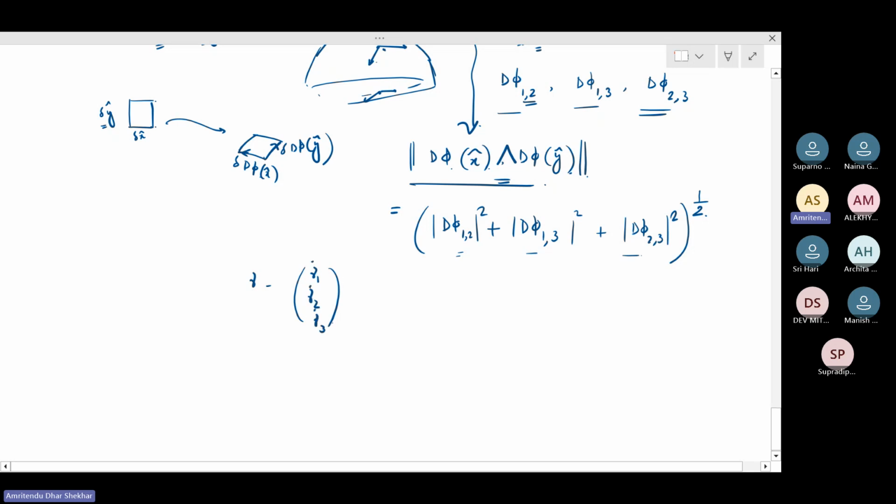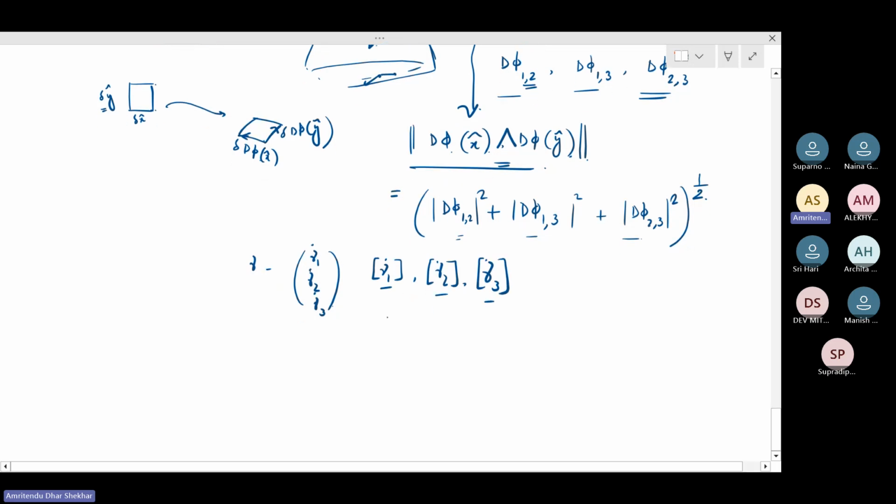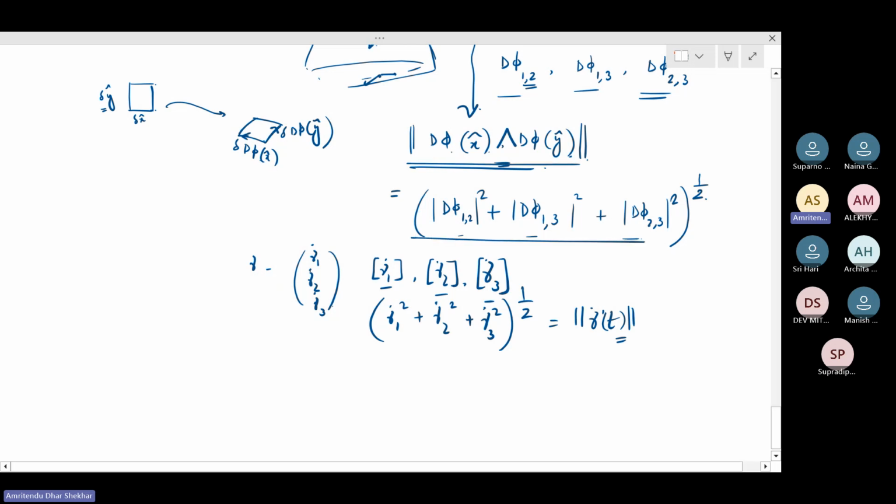So you have to form all 1x1 submatrices of this, which would just be gamma 1 dot, gamma 2 dot, and gamma 3 dot. And then you take the square of their determinant. So that would be equal to gamma 1 dot squared plus gamma 2 dot squared plus gamma 3 dot squared. And you take the square root of that. So that is just equal to the norm of the tangent vector. Okay. Here, this thing gets generalized into a formula that looks like this.